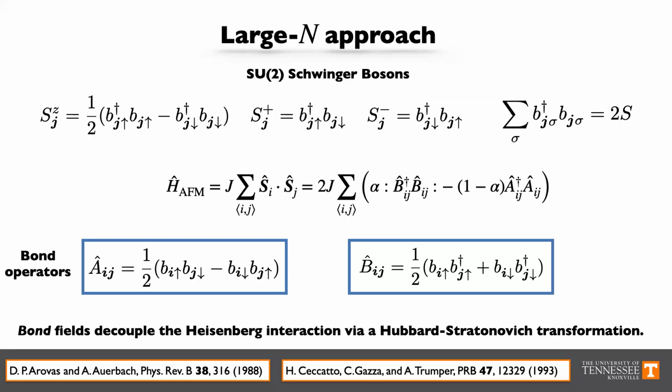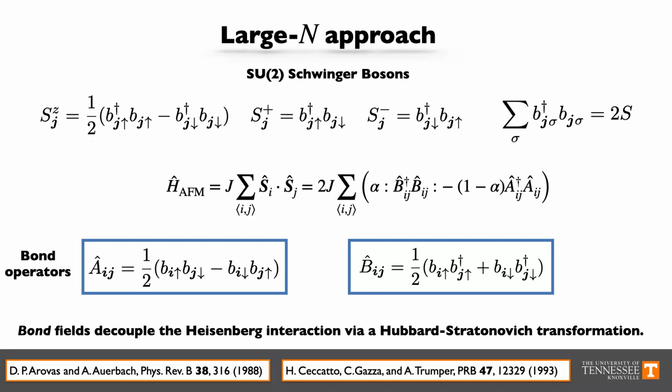So we represent this in this way, and the strategy is, again, to introduce some Hubbard-Stratonovich transformation to basically make this Hamiltonian quadratic at the mean field level, right? And then introduce fluctuations of these bond operators.